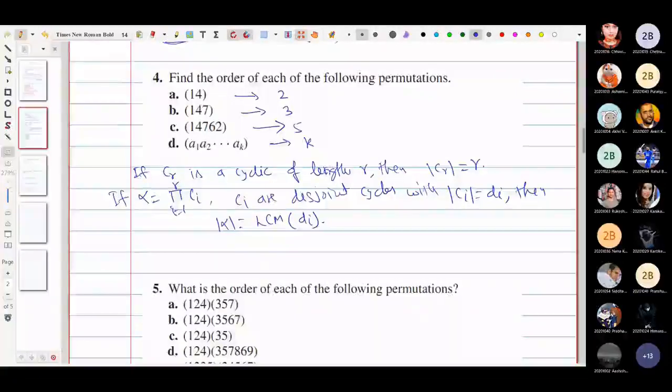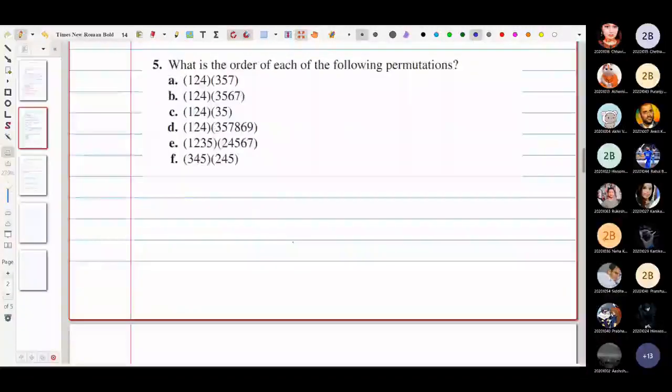We are able to write these because they are already written as they are, in fact only one cycle. Okay, if there are many cycles, they are a product of cycles, then we need to use the second result. So this situation will arise in the next question, number 5.